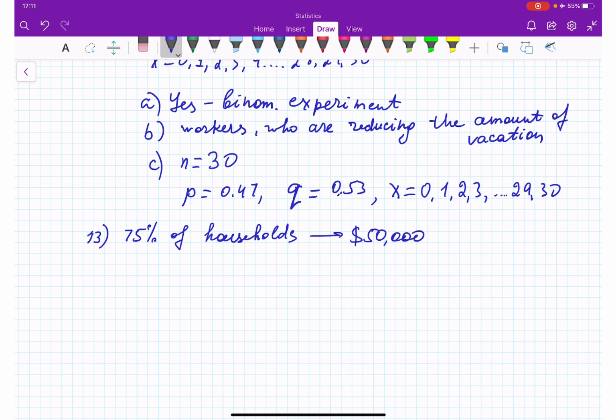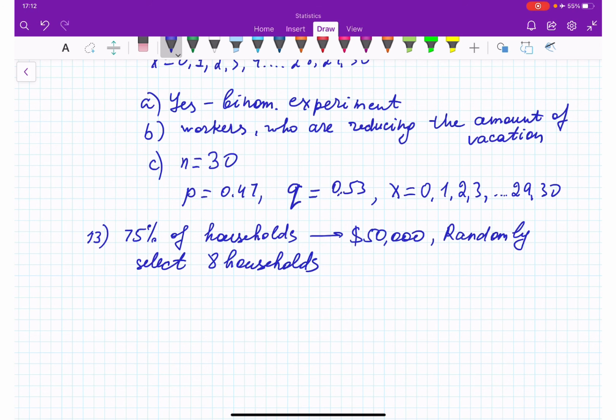You randomly select 8 households, and ask them if they would feel secure if they had $50,000 in savings.